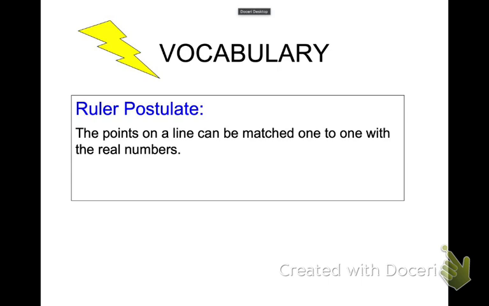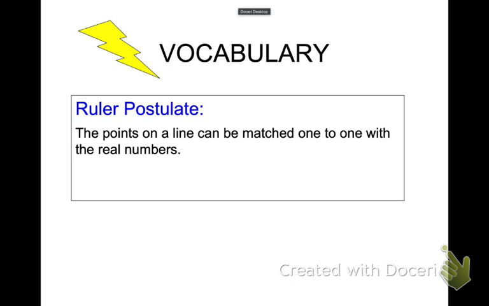So what the ruler postulate says is I can take any line, right? So here's a line, and I can match points on this number line with the real numbers. So I can line it up here, I can line it up here, which is what we normally do. We usually start at 0, but I could technically still measure it from 5 to 28. Okay, so that's your ruler postulate, which just pretty much tells you that you can use a ruler.